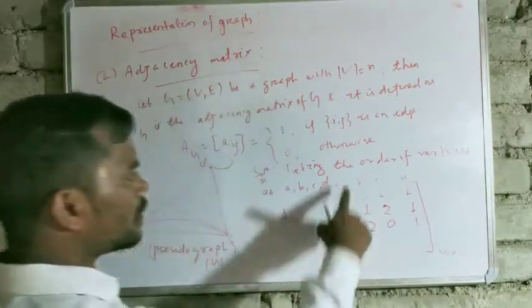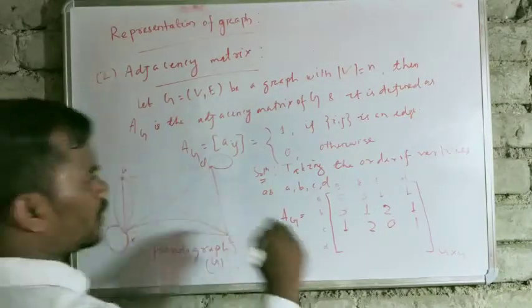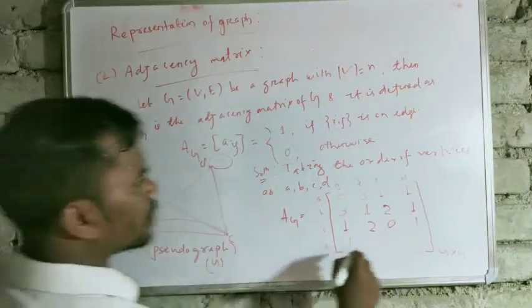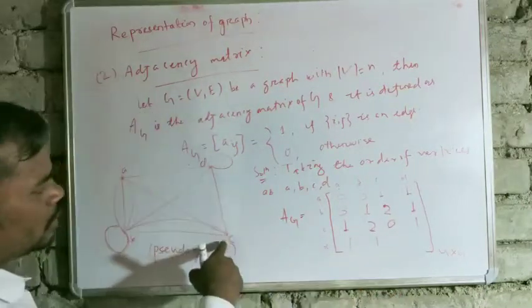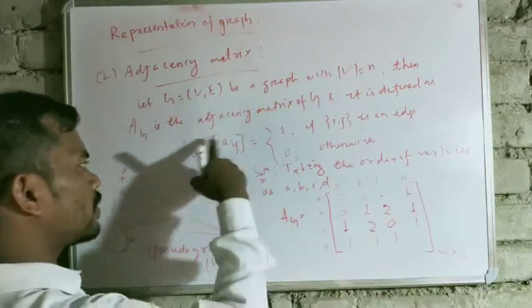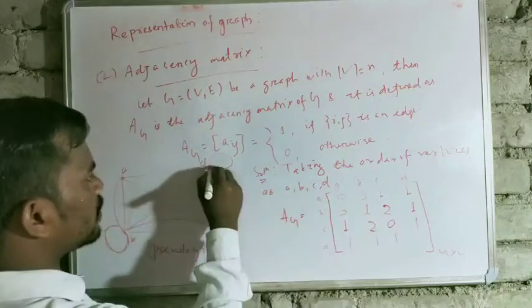Okay, and for the fourth row, D to A 1, D to B 1, D to C 1, and D to D, there is a loop, so D to D connects one by an edge.